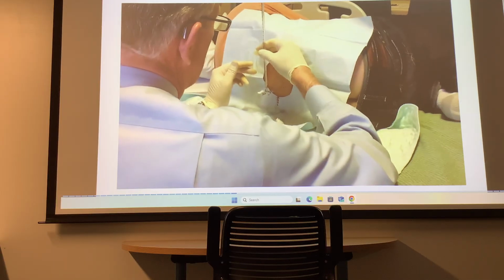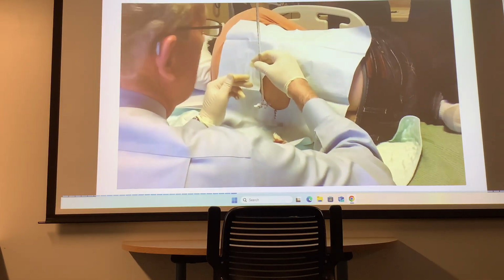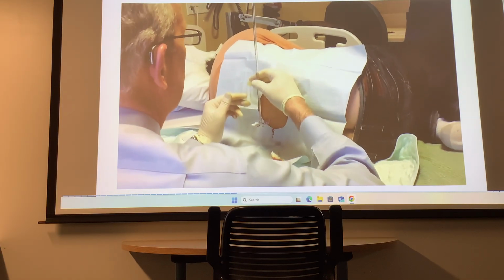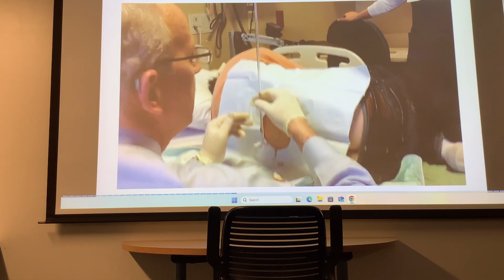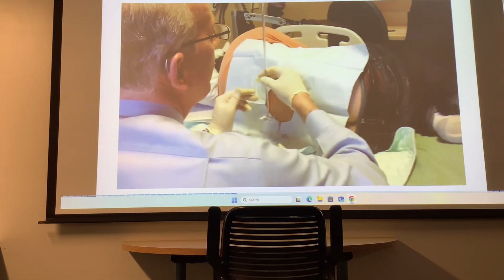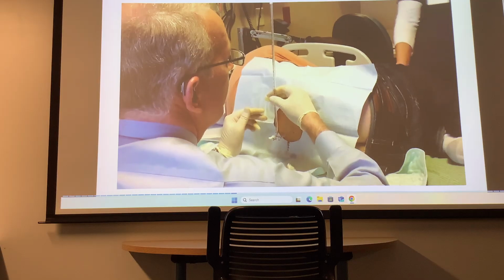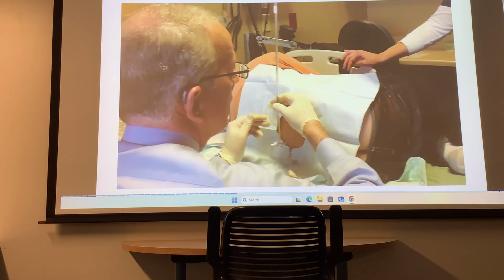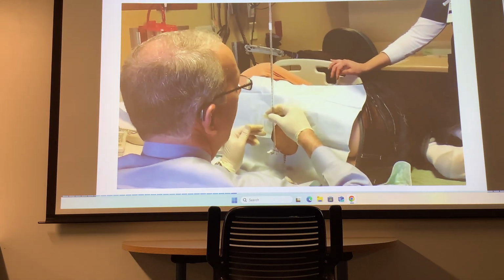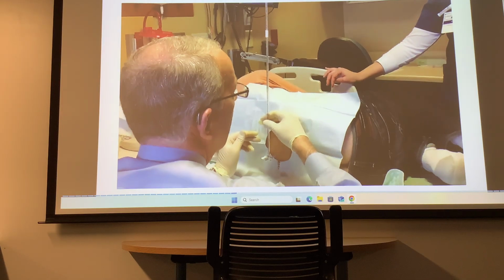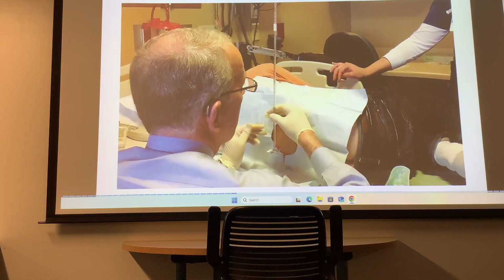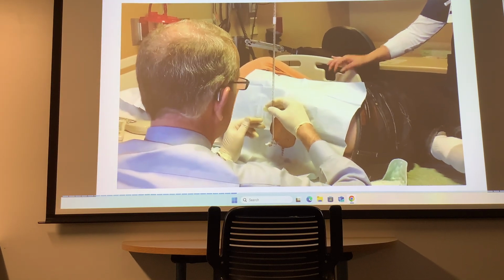So this is the pressure gauge. Now, for this pressure measurement, can you move your knees down to the bed a little bit? Why did he ask him to move his knees down? To decrease pressure. When you draw your knees up, you're putting more pressure in that spinal space.